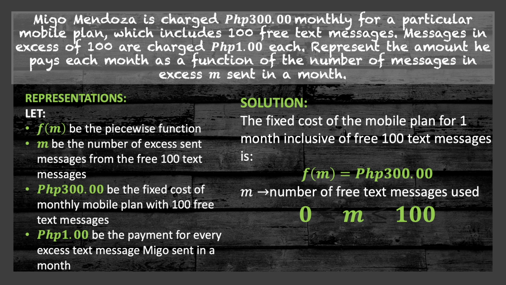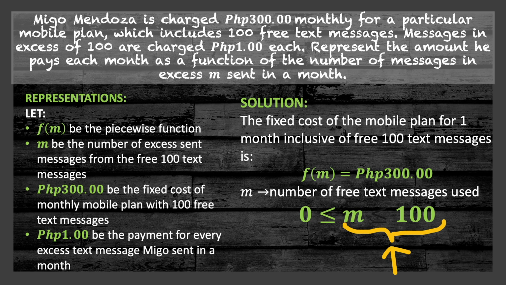We also know that whether or not Migo sends a text message, he will still pay the fixed price, which is 300. Therefore, we will use less than or equal to symbol between 0 and m. Also, since it is a fixed price, he will be charged the exact amount if he sends exactly 100 text messages in a month.